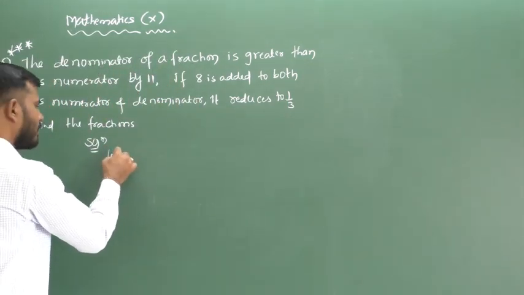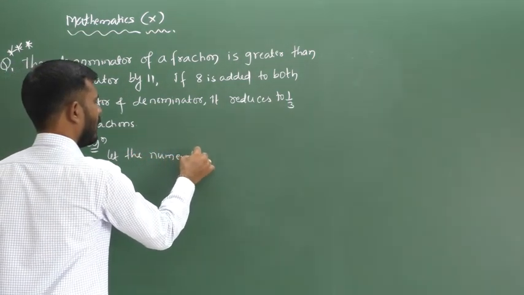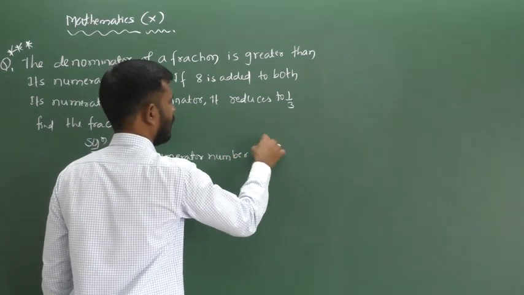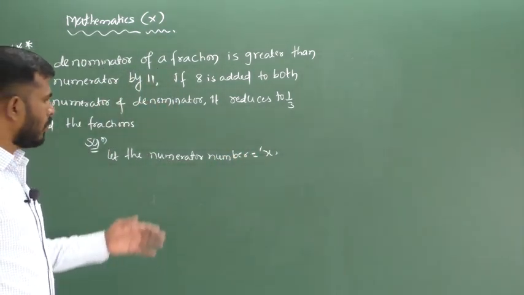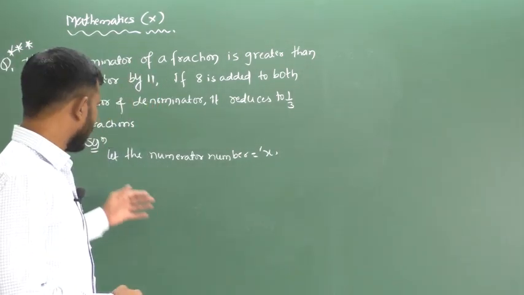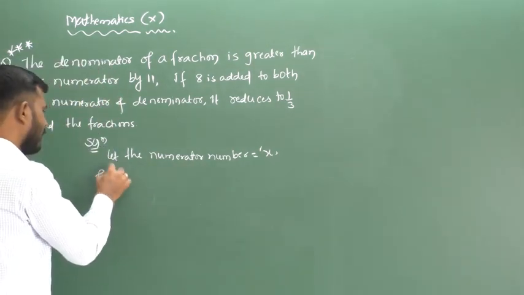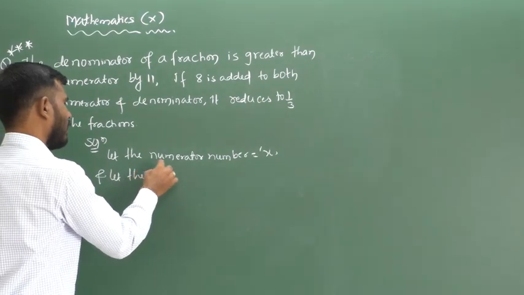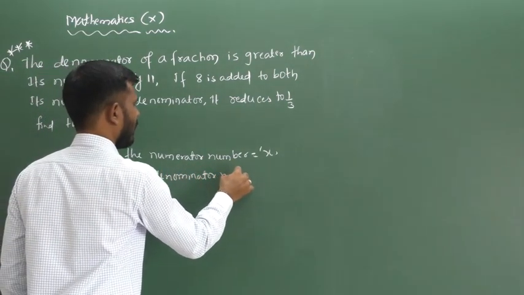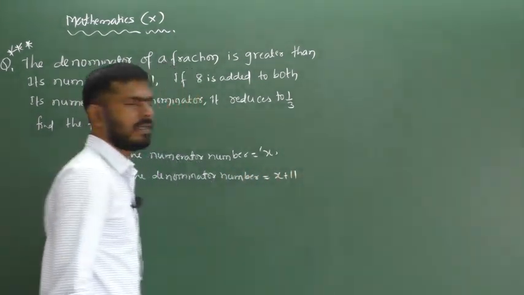First, let the numerator number be x. You don't know what the numerator and denominator are, so I consider the numerator number to be x, and let the denominator number be x plus 11.